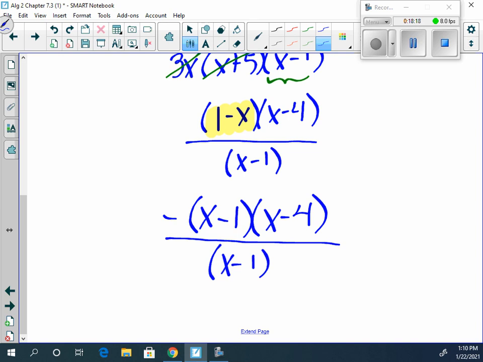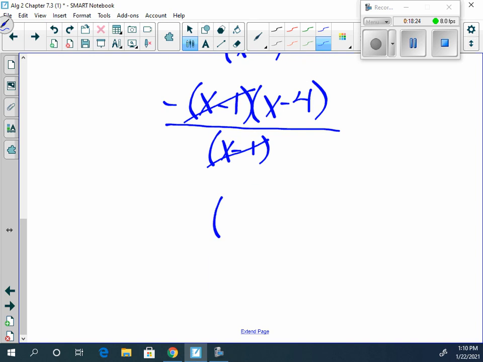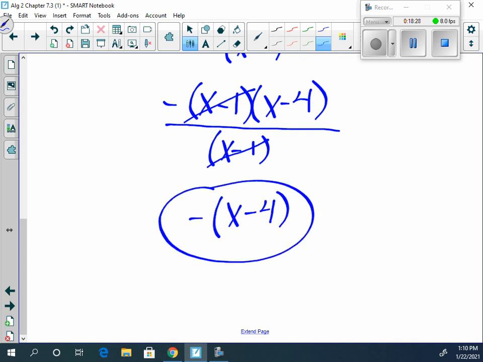Well, now they're the same, yes? So now we can actually cancel these out, leaving us with x minus 4, actually negative x minus 4. Now, another way that we can look at this or get around it is when we looked at the start, we had negative x squared because the x squared term was negative.